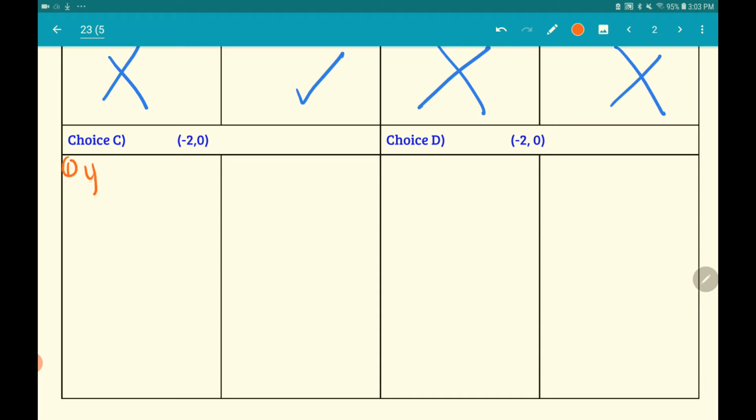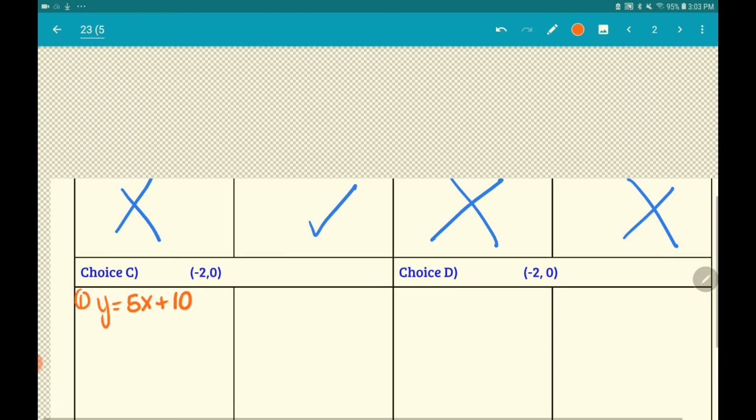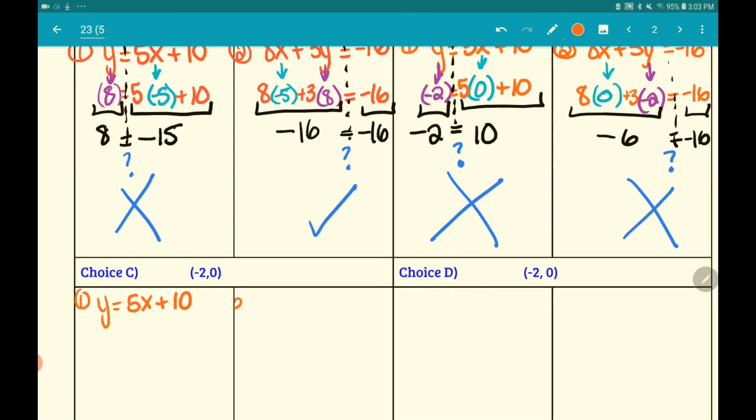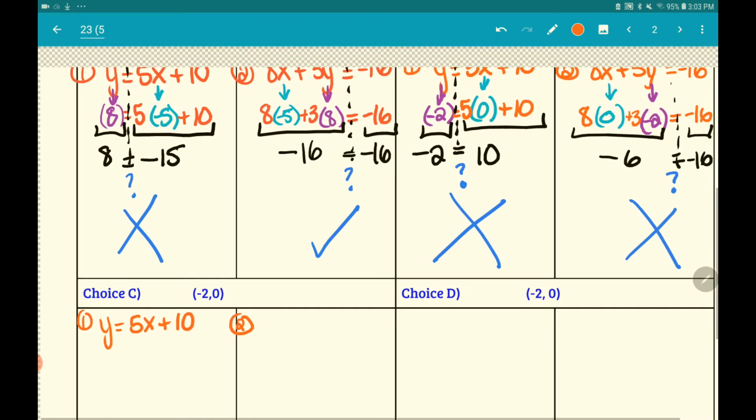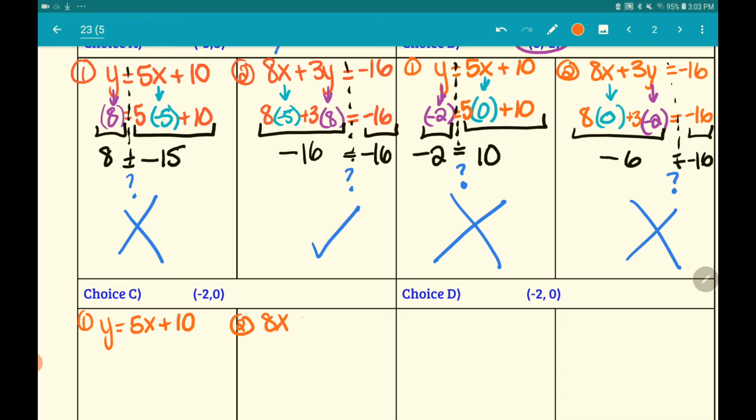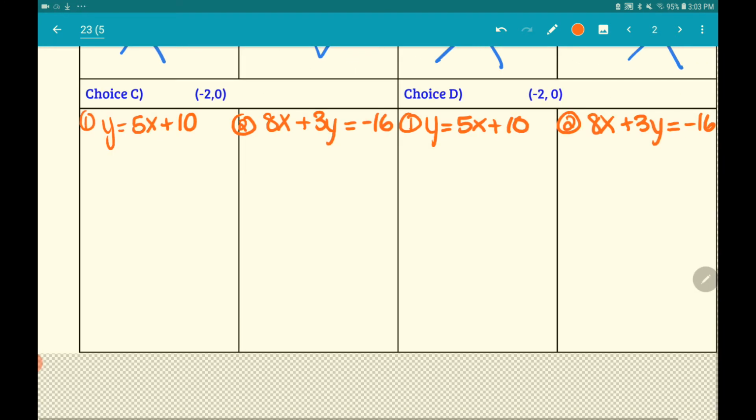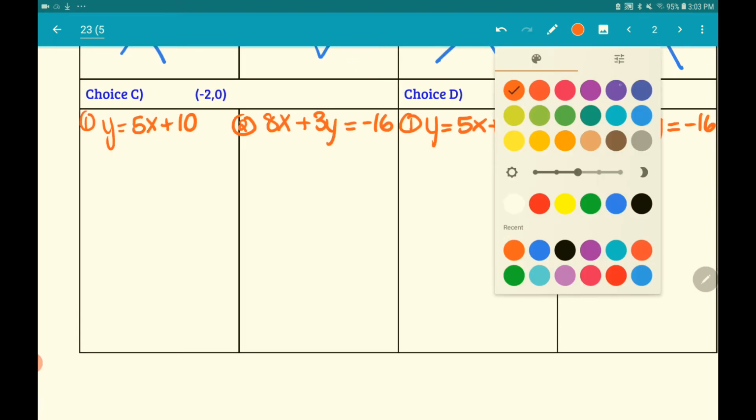Equation 1. I gotta scroll up to see equation 2. So we use the same equations because we're testing all of them into the same system. So I'm just going to write them down here. Okay, same question.